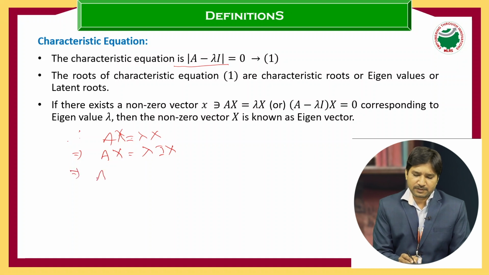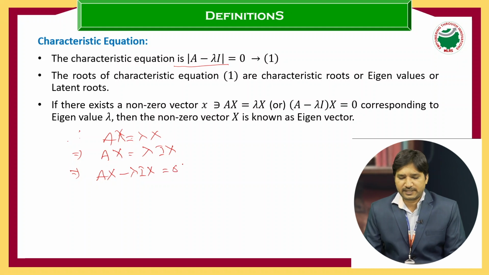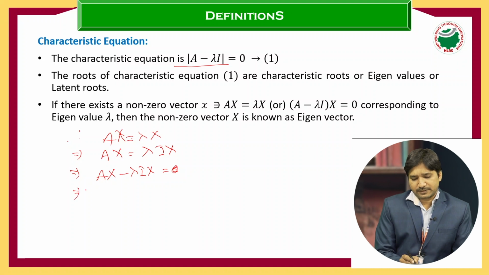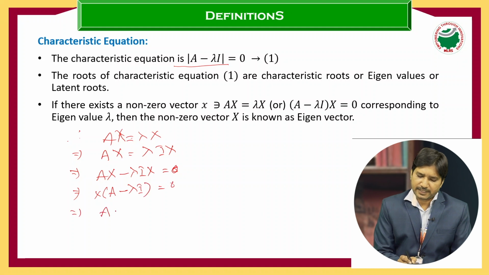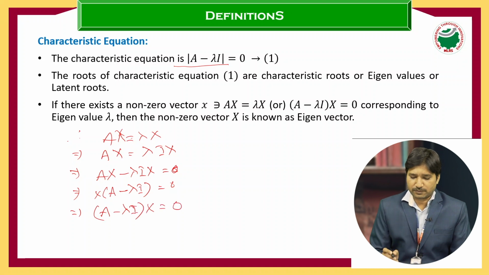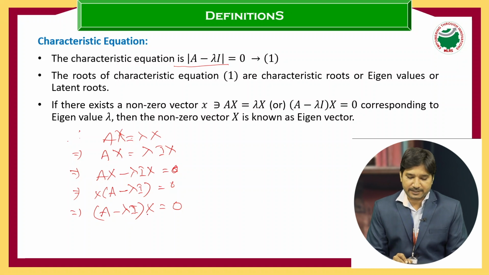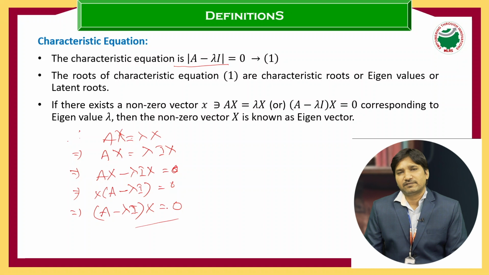Take AX minus lambda IX equals 0, taking the right side to the left. Taking X common, (A minus lambda I) X equals 0. Here A is the given matrix, lambda is the eigenvalue of the given matrix, and X is the corresponding eigenvector. This is the formation of the eigenvalues and eigenvectors.